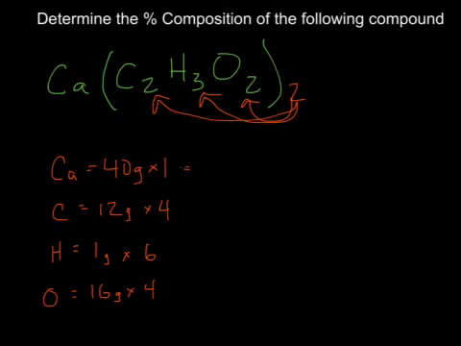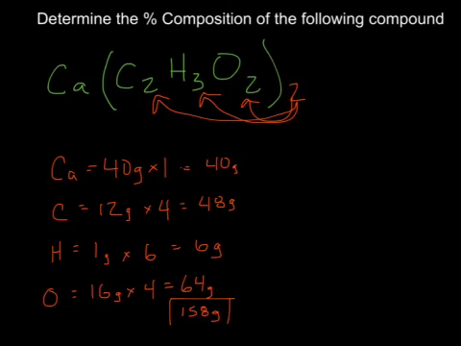So that ends up giving us 40 grams of calcium, 48 grams of carbon, 6 grams of hydrogen, and 64 grams of oxygen. We add that all up and we end up getting 158 grams for our molar mass of the compound.